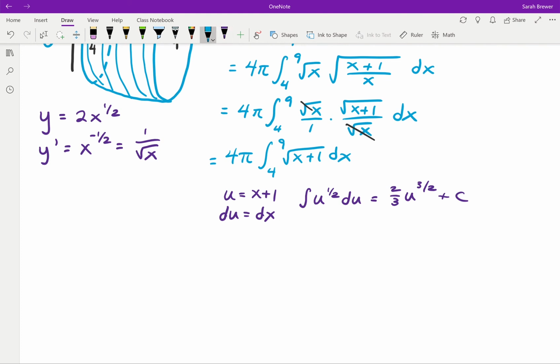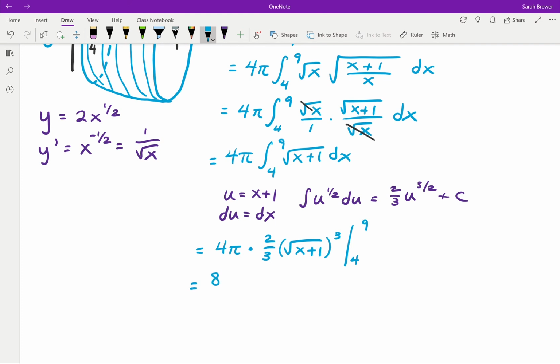But whenever I substitute this thing back, I'm looking at 4 pi times 2/3 square root of x plus 1 cubed evaluated from 4 to 9.